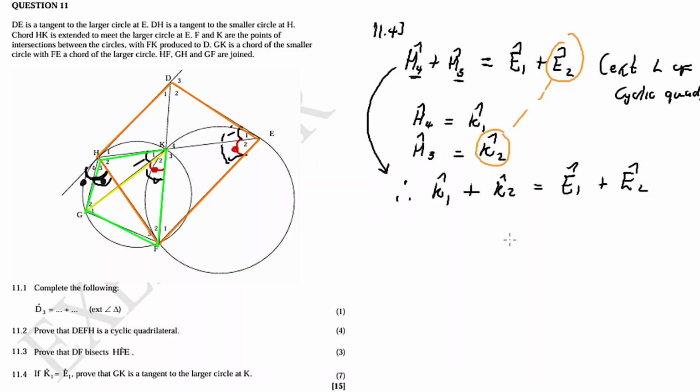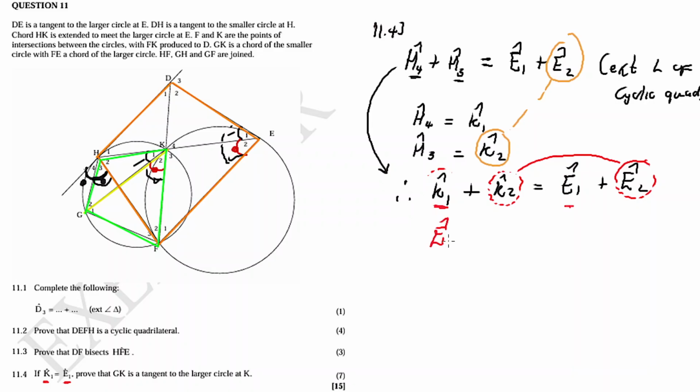But we are told that K1 and E1 are equal, so they cancel. Because they are equal, I can either replace K1 with E1, or E1 with K1.